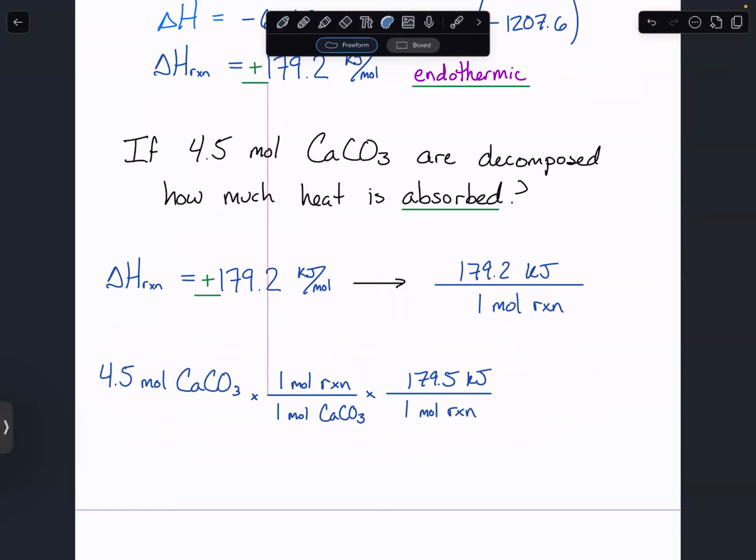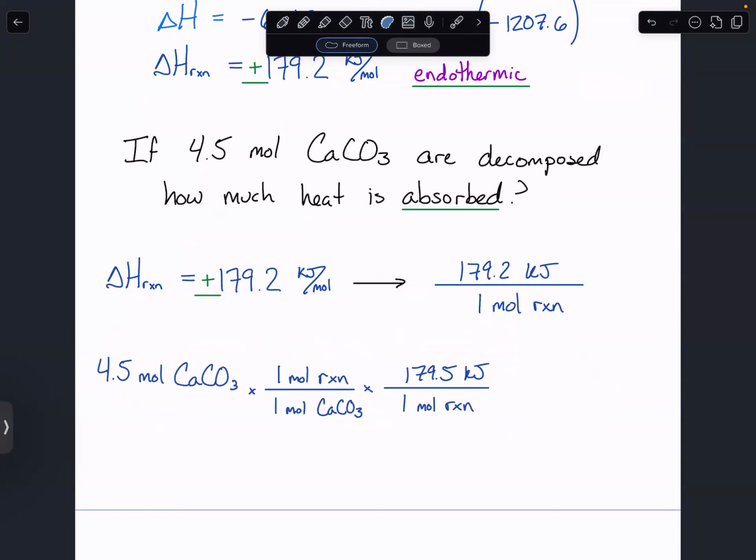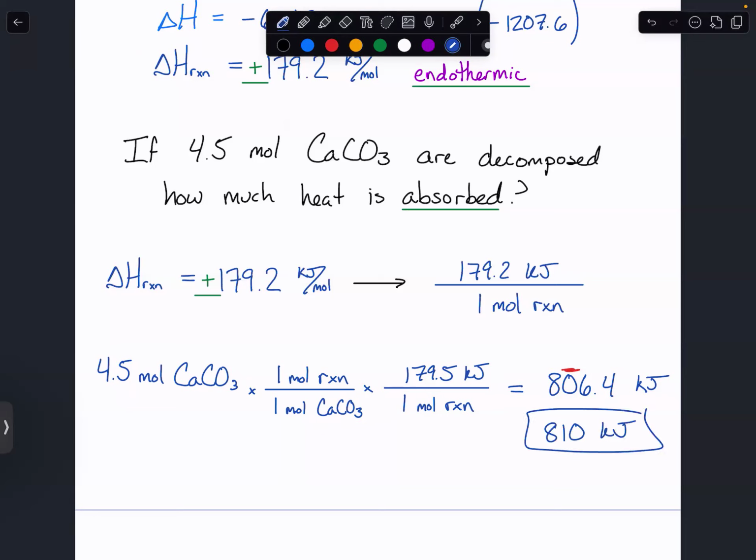And if we start out with these 4.5 moles of calcium carbonate, that means that we're going to absorb 806.4. And those units are kilojoules. And then I'm going to be good and be limited in sig figs by that 4.5 moles. So I'm going to round this to 810 kilojoules of thermal energy is absorbed in this reaction.